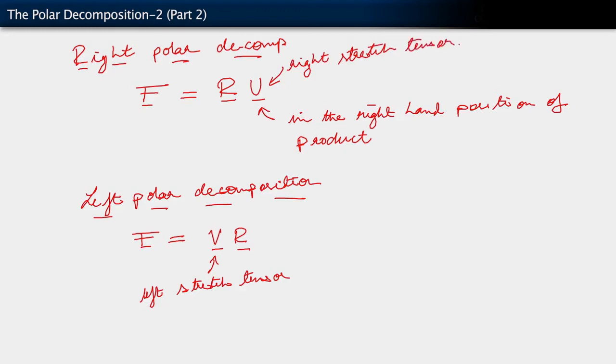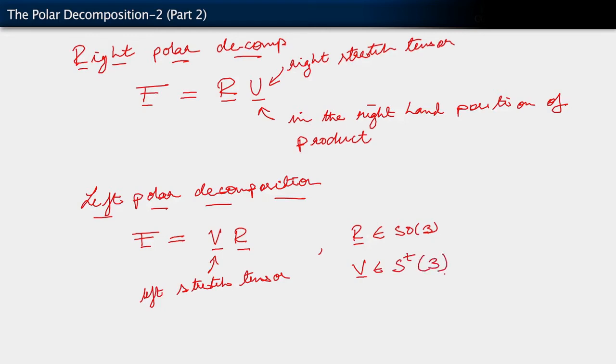The rotation tensors involved in the two decompositions, the two polar decompositions, are the same. It's the same R. So what we have here is that R belongs to SO3, V belongs to S plus 3, so it's also positive definite.